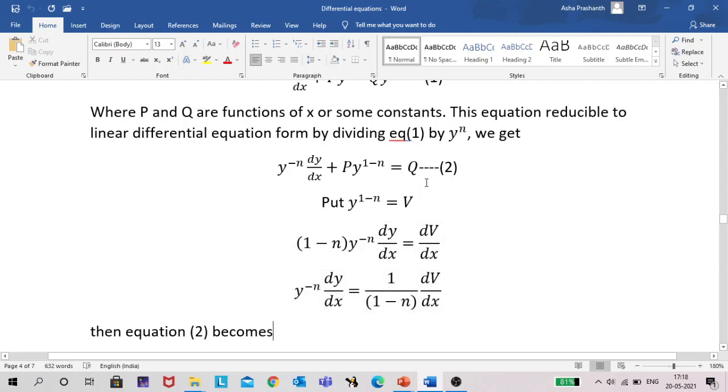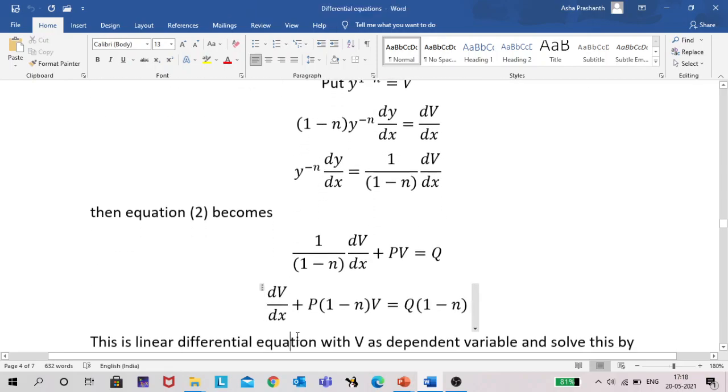By using this, equation 2 becomes: in place of y to the power of minus n dy by dx, we write 1 divided by 1 minus n dv by dx, plus pv is equal to q. Here we have taken y to the power of 1 minus n as v, so it becomes v is equal to q.